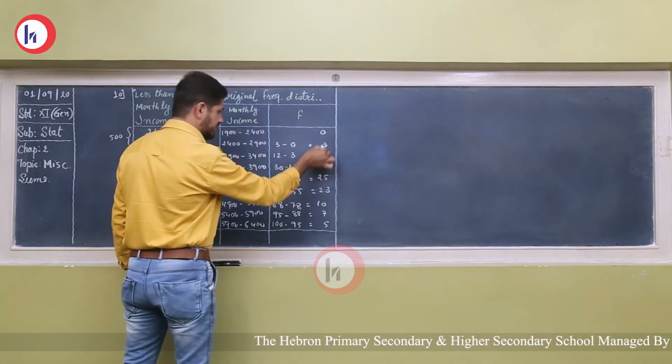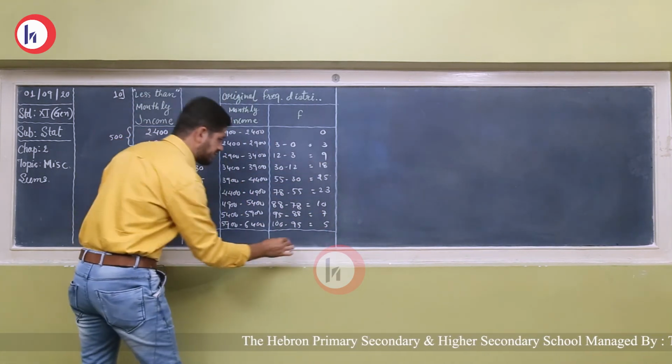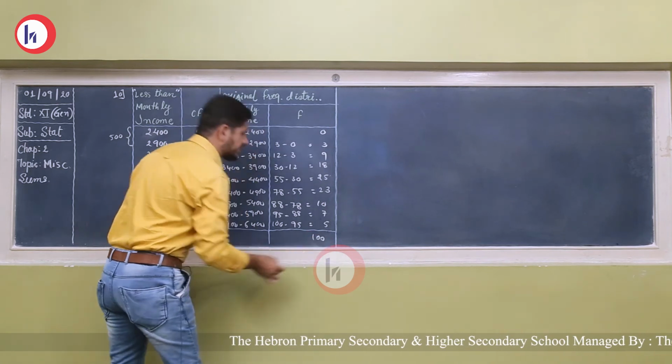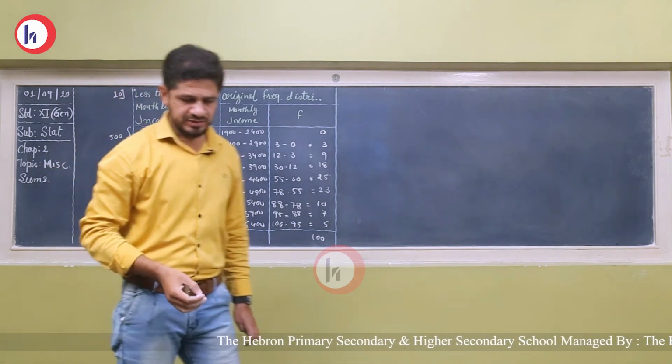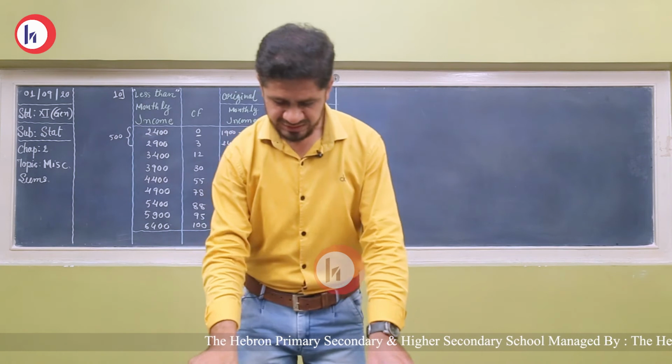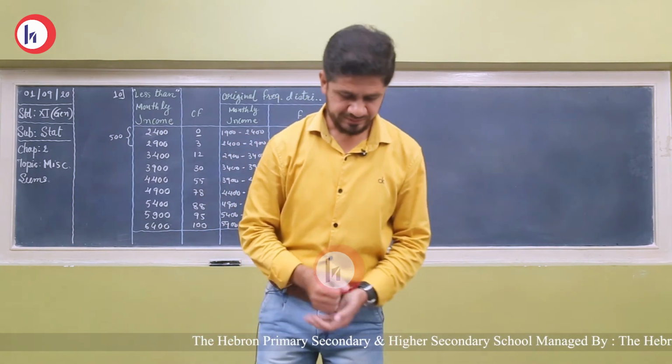If you sum all this, you will get the total 100. If you get 100 as total, our sum will be correct.